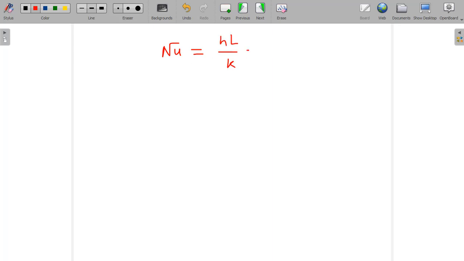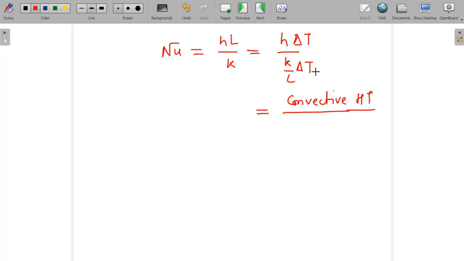This quantity can be written as h by (k by L), and now if you multiply both numerator and denominator by delta T, you can understand this gives the ratio of convective heat flux divided by conductive heat flux.